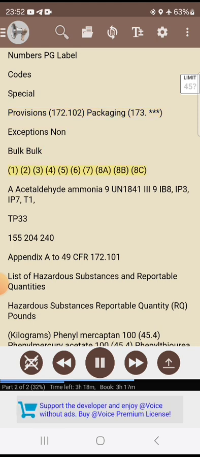Example entry: Acetaldehyde ammonia, 9, UN 1841, III, 9, IB8, IP3, IP7, T1, TP33.